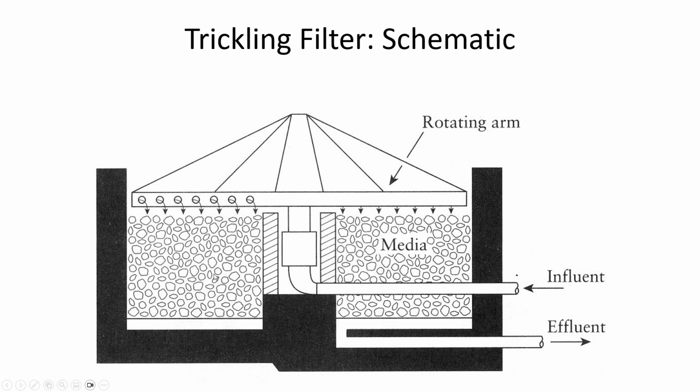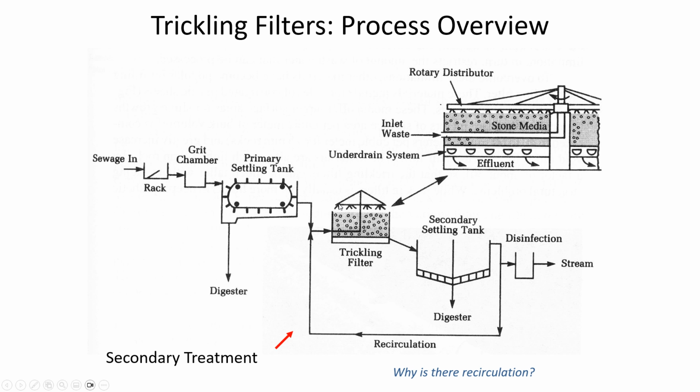and because it's a porous media, like it's a bunch of rocks stuck on each other, the air can naturally circulate through there. Maybe we'll put some fans in it to enhance the exchange of air if needed, but it's a very low-cost way of removing BOD, because in some cases you can even use gravity flow to cause the rotation and the spraying of the water onto the trickling filter.